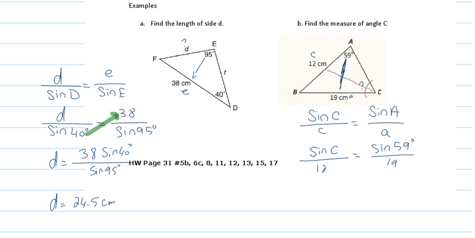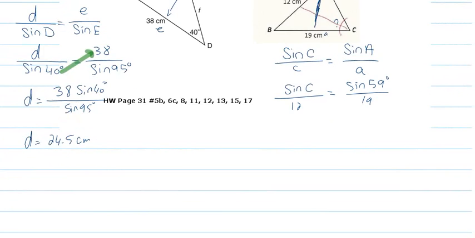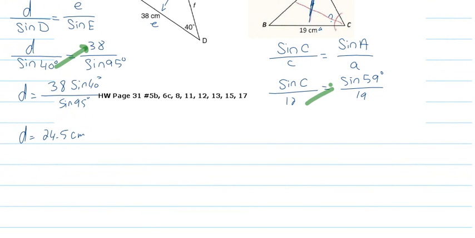Are we good with that? Same idea here. I just have to half cross multiply. So that's sine C equal to 12 sine 59 over 19.